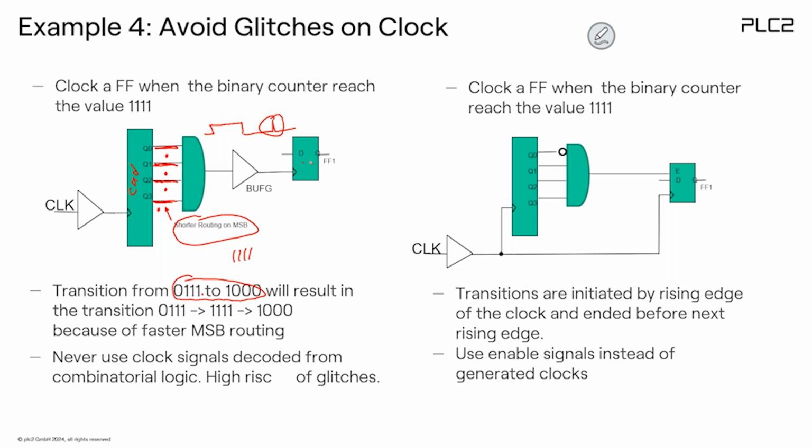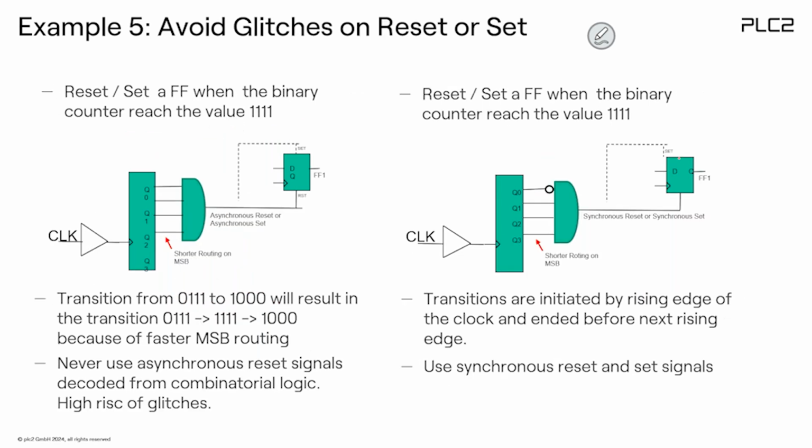That's wrong. So in this case, just do something very simple. Instead of decoding the 15, F, just decode E and use this for the enable. This is just one cycle before. That's it. It will always work. Very simple. You should do the same if you would like to use it asynchronously.